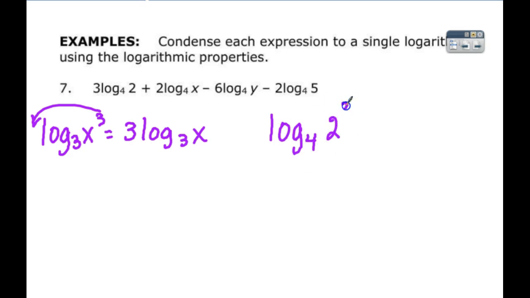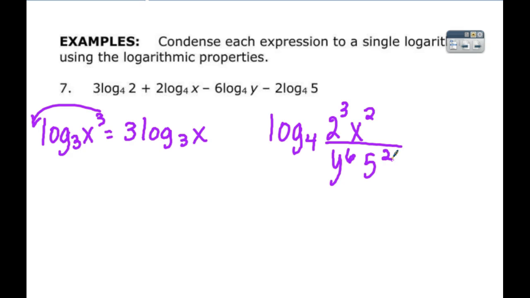So I'm going to have 2 to the 3rd. Next I have plus, so where does that go? Top, so that's x squared. And the minus goes y to the 6th, and then the bottom, and it's 5 to the 2nd.